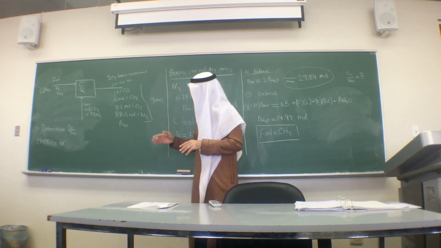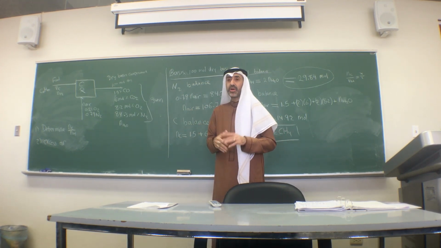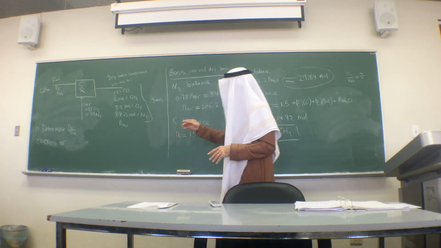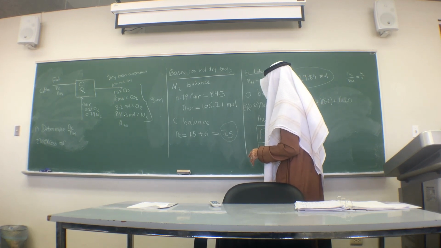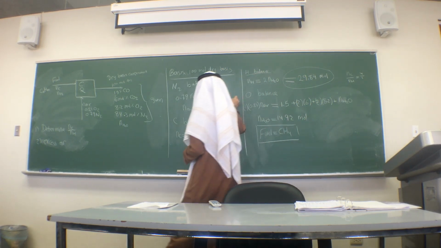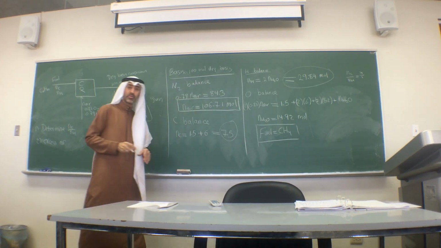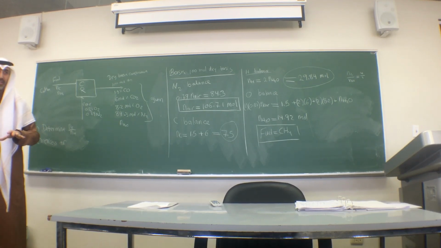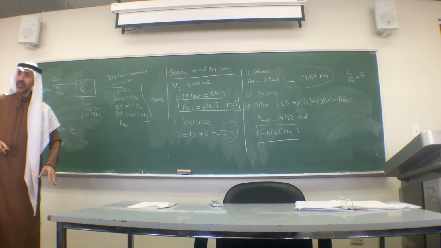Now the other question is, determine the excess air. How can I determine the excess air? I have an air. This is the amount of air that I introduce to the system. He is asking me to calculate the excess air.